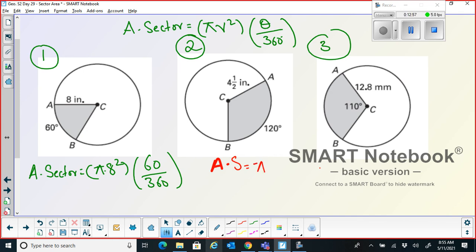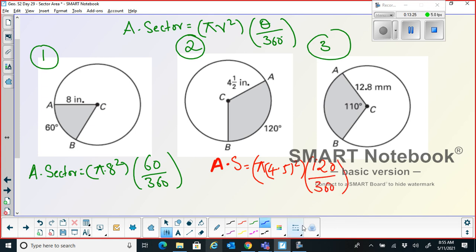So pi, here the radius is 4.5 inches, so as we are expecting the answer in decimal, I'll just keep 4.5, it doesn't matter, times the angle made by the sector, 120, divided by 360.